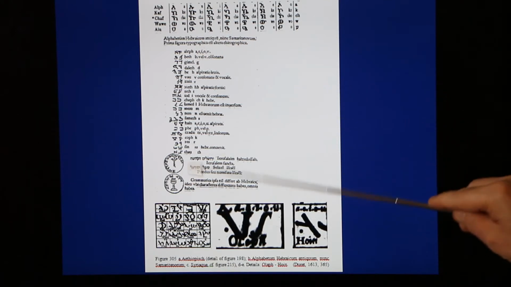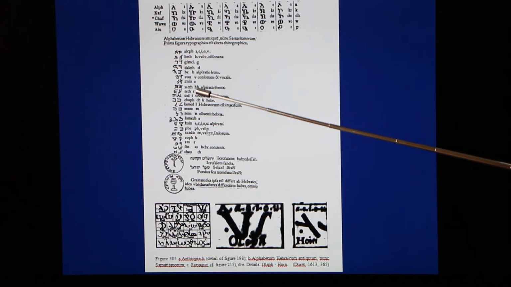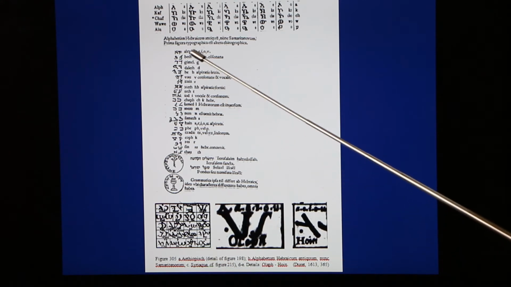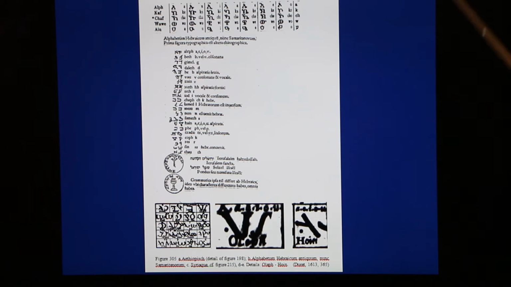But it was the Samaritan alphabet that became one of the first alphabets of the Jews before they went to Babylon in the 600s and then took on the Babylonian alphabet, as I've shown you in the previous lecture. Now, this alphabet is 22 letters and more or less as we're used to, Aleph, Beth, Gimel, Daleth, and so on, A, B, G, D. However, look closely, ladies and gentlemen, Aleph is actually the letters A, E, I, O, U.